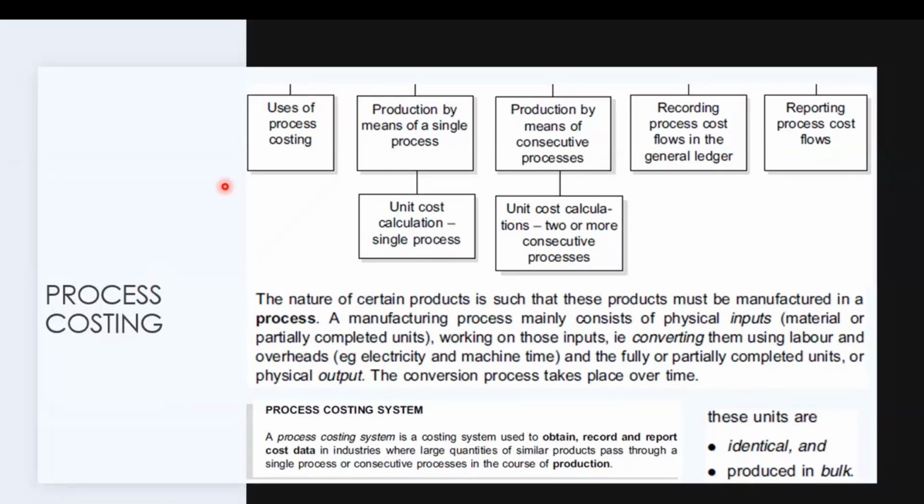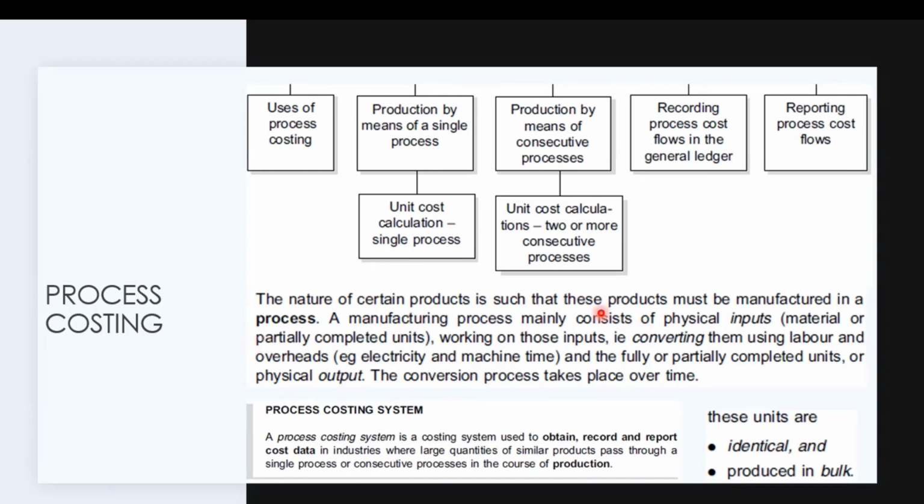Process costing, this is the same flow that we saw last week: understanding why we have process costing, how it works under a single process, how it works under consecutive processes, and what the cost flow into the ledger is and how you report it.